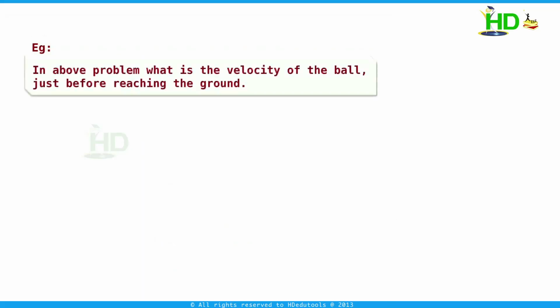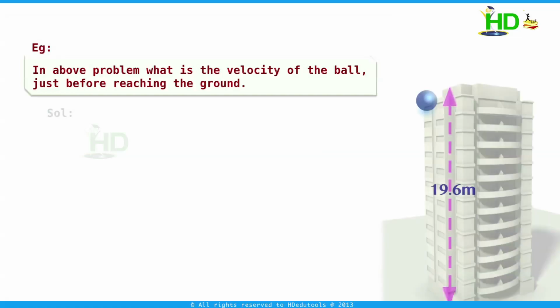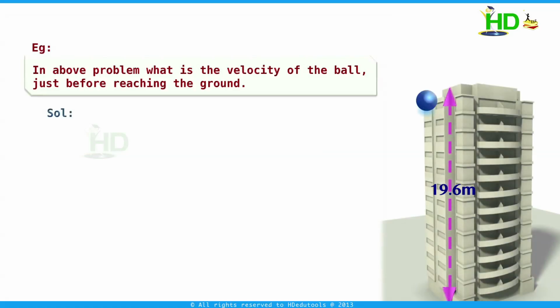Now we take another problem. In the above problem, what is the velocity of the ball just before reaching the ground? In this problem, we have to find the velocity just before reaching the ground. That means we have to find the velocity after displacement 19.6 meters.